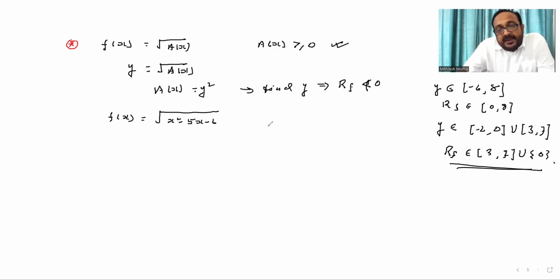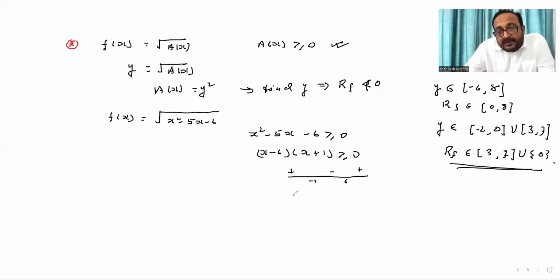The expression under the root should be greater than or equal to 0, so x square minus 5x minus 6 should be greater than or equal to 0. Factorize it: (x minus 6)(x plus 1) should be greater than or equal to 0. Critical points are minus 1 and 6, with signs plus, minus, plus.